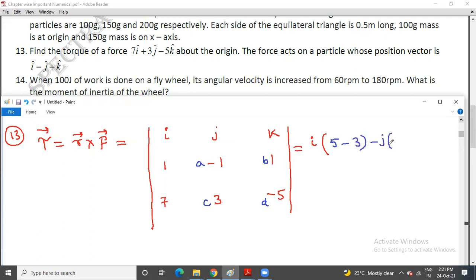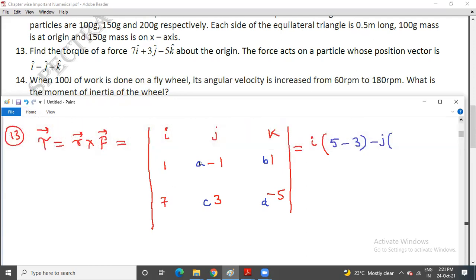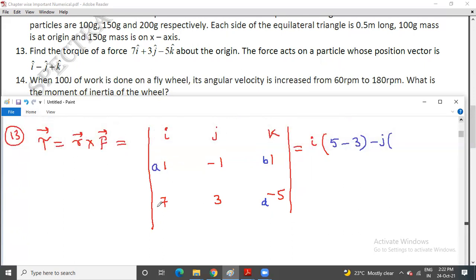When you write j, you treat A and C, because you have to forget this column and this row. Now AD is minus 5, BC is minus 7, plus k.